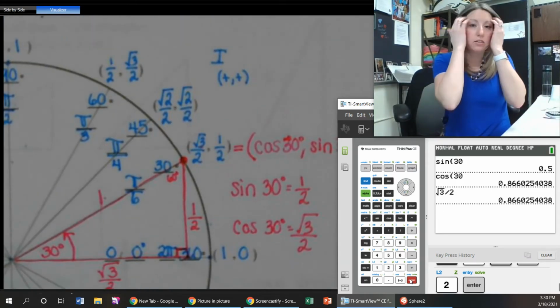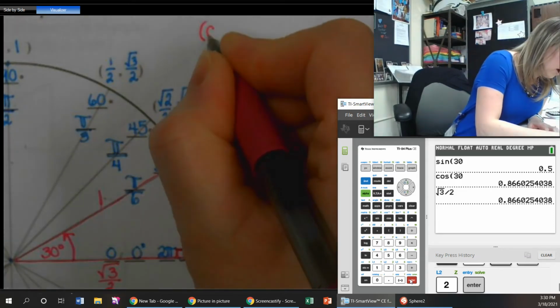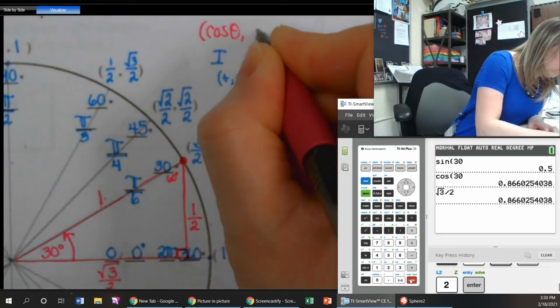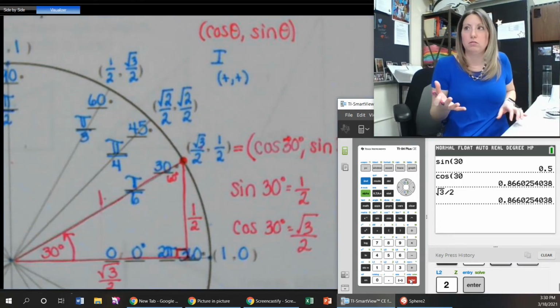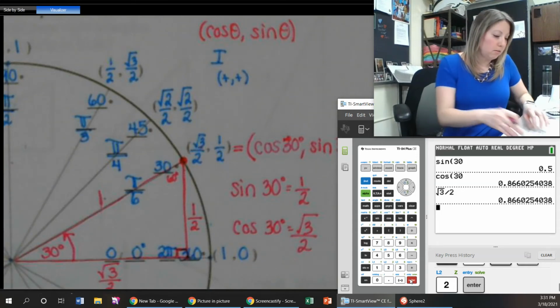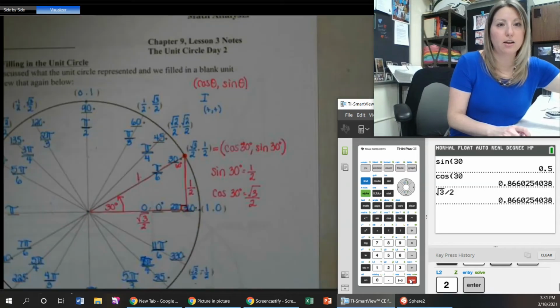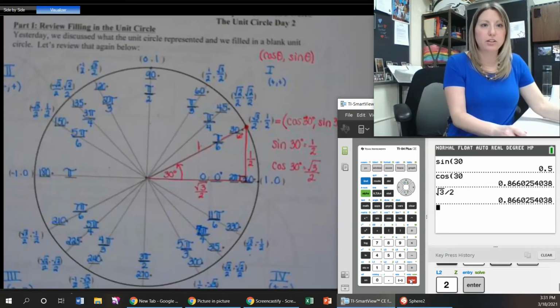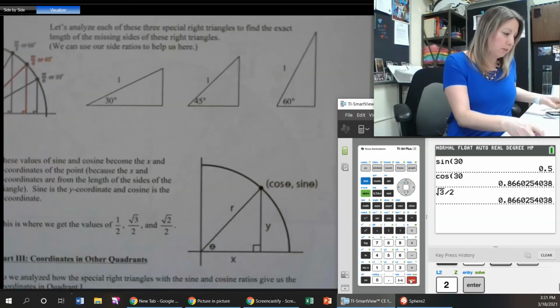These coordinates are all going to be cosine of theta, your angle measure, and sine of theta, your angle measure. Okay, that's what those are going to be. So this is really cool when it starts to really come together like that and make a little bit more sense. That's where these functions of sine and cosine are really coming from.